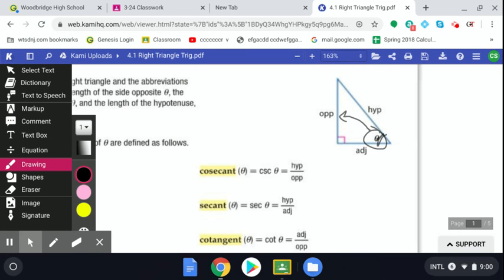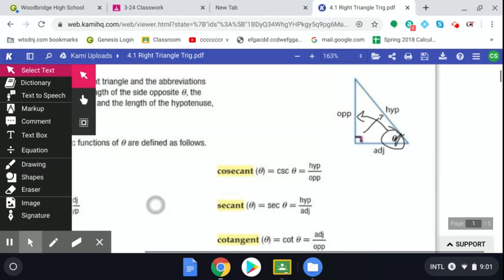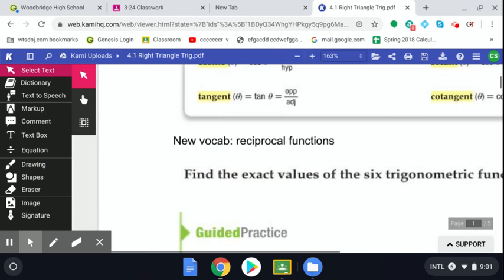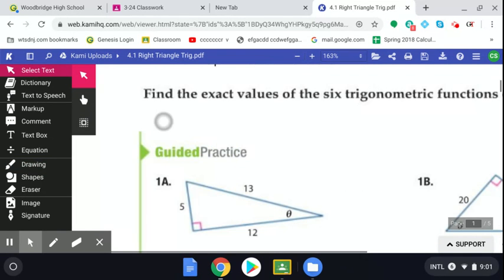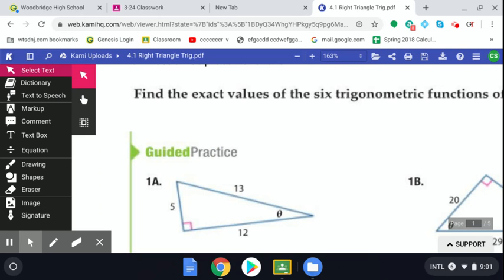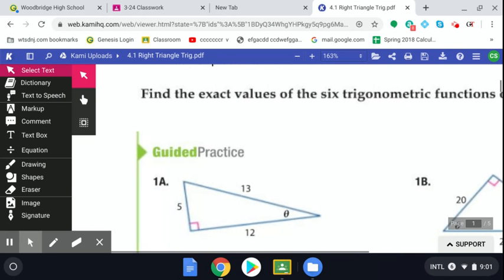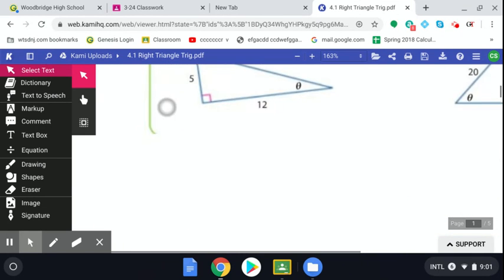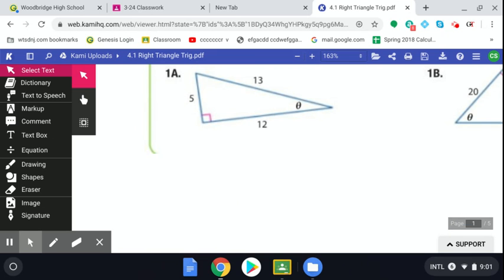The hypotenuse is always the side across from the 90-degree angle, and the one left over is adjacent. So let's take a look at an example. It says find the exact values of the 6 trig functions of theta. So in example 1a, first of all, you should already list out the 6 trig functions.